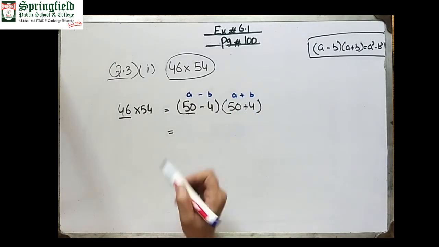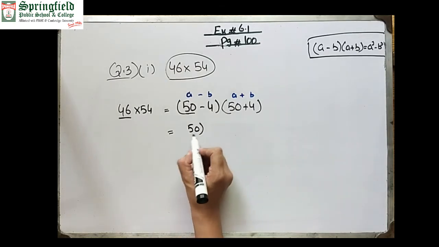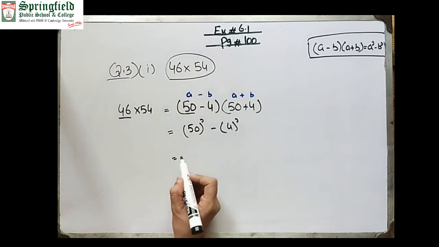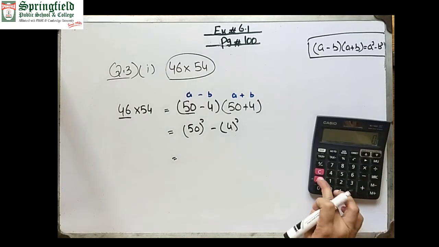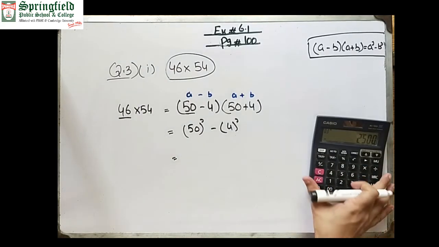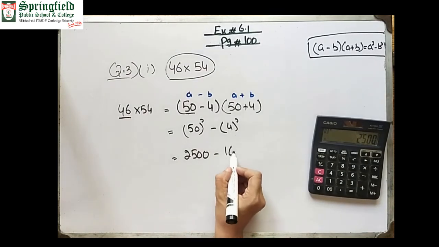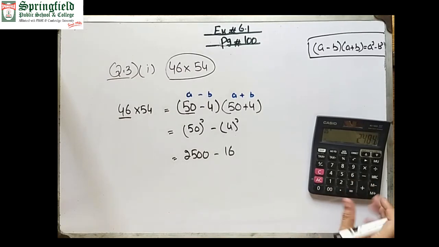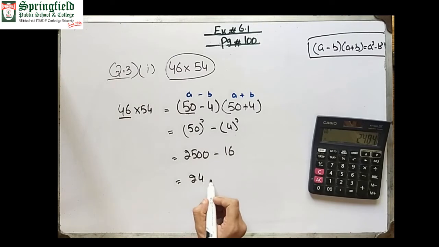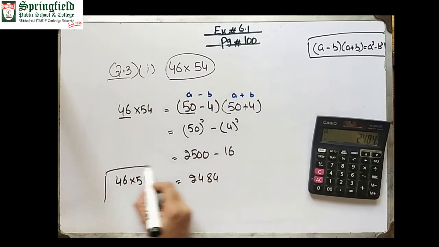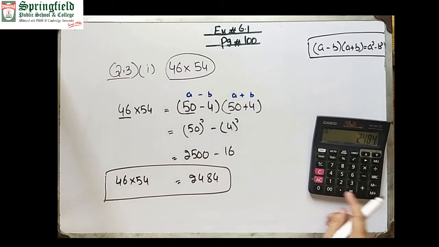So it will become A square, means 50 square, minus B is 4, so 4 square. 50 square is equal to 50 multiplied 2 times, 2500, minus 4 4s are 16, then minus 16. 2484 is your final answer. 46 multiply 54, and when we multiply directly without using the formula, what will be the answer?